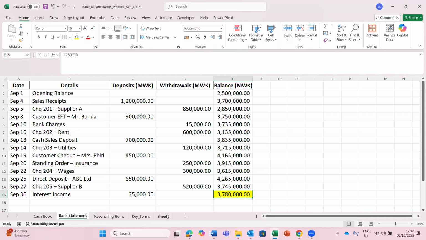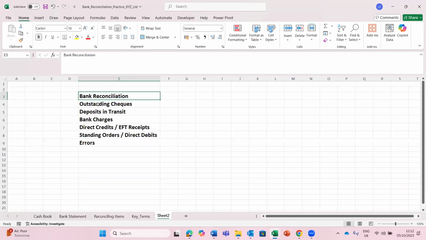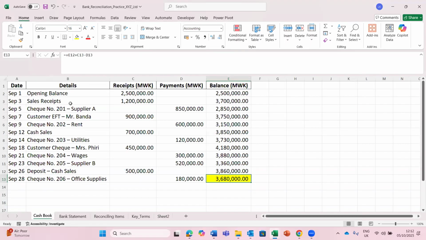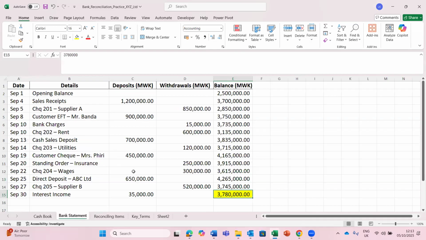The reasons are, number one, we have outstanding checks. You find that we have recorded in our books some checks, but the recipient of that check, or the payee, has presented it to the bank late. As a result, that check will not appear here.